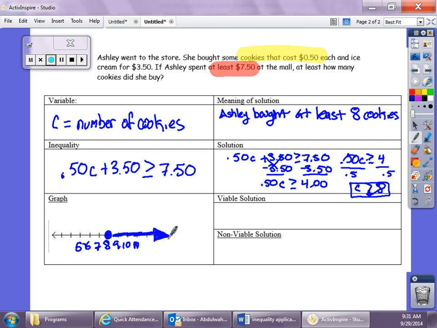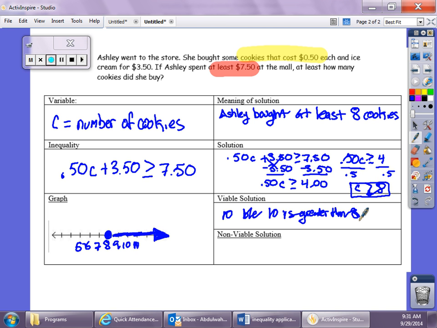A viable solution means that our solution is true, so we just need a number that's greater than 8, so you could say 9, 10, 11, so I'm going to say 10, because 10 is greater than 8.